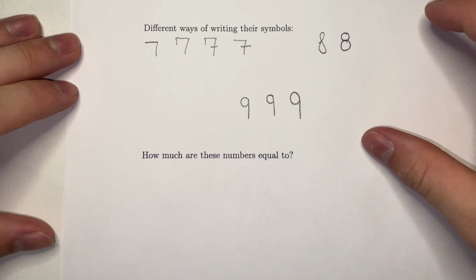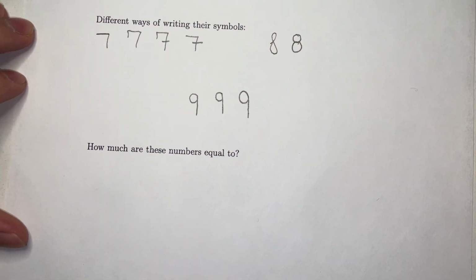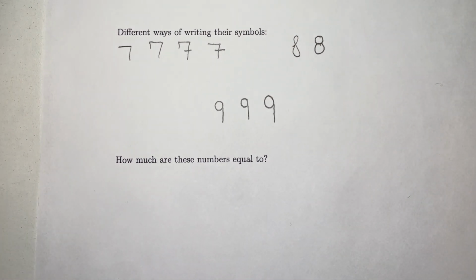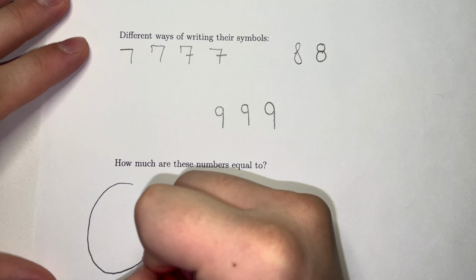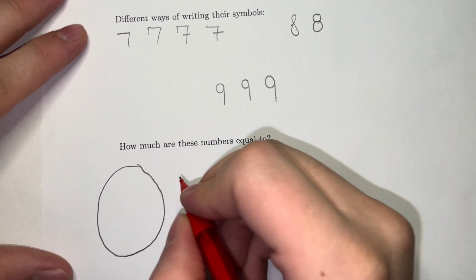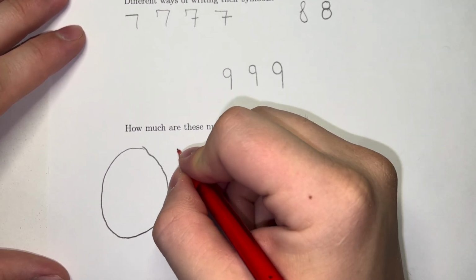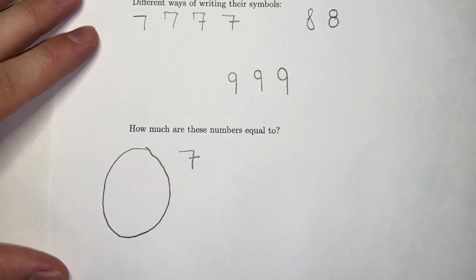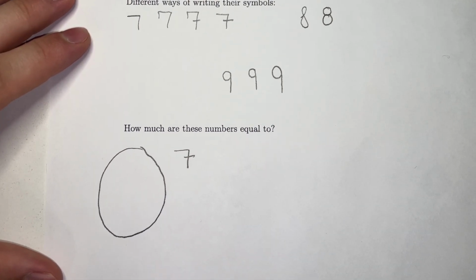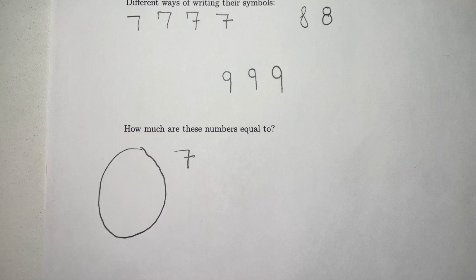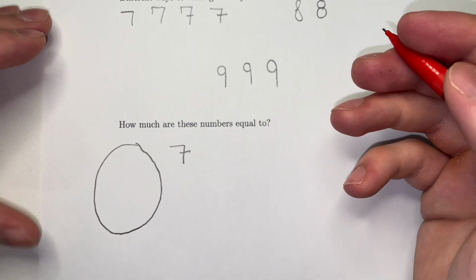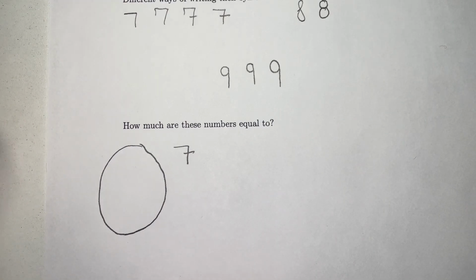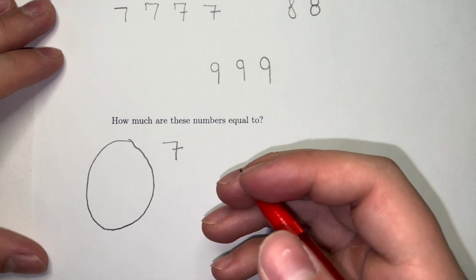Okay, and let's go ahead and talk about the value of these numbers, how much they're worth. Again, let's go ahead and think of numbers as a group of objects. So this group here, we're going to say is 7. And how many items we have in this object represents what number we have. In this case, we're going to represent those items with dots.